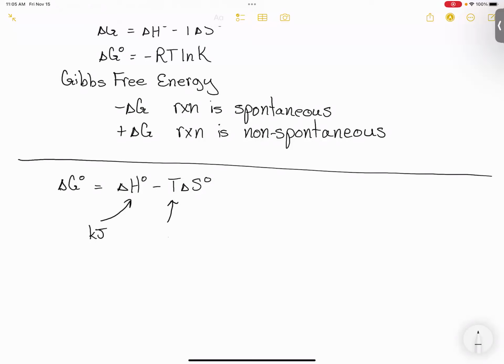T must be in Kelvin. And S naught, you will need to change to kilojoules from joules, in order to be able to finish this calculation. In other words, the units must match.